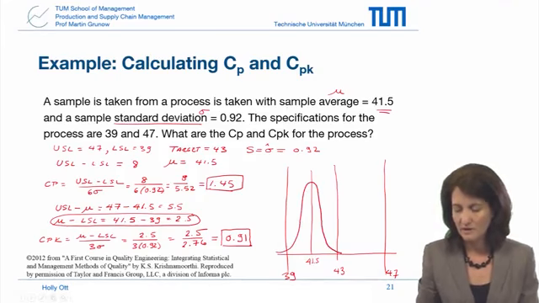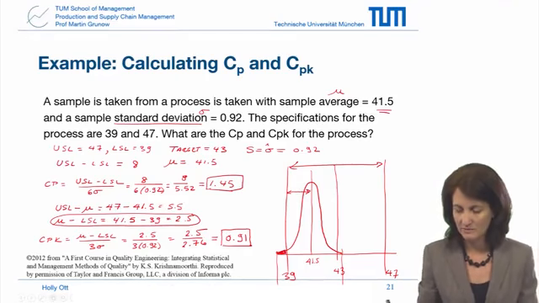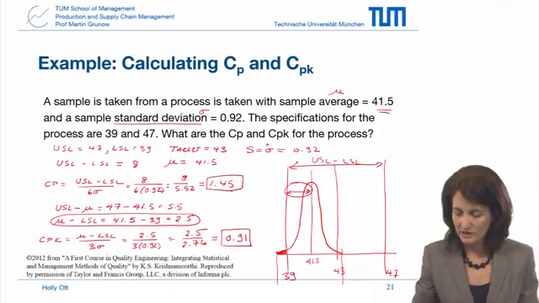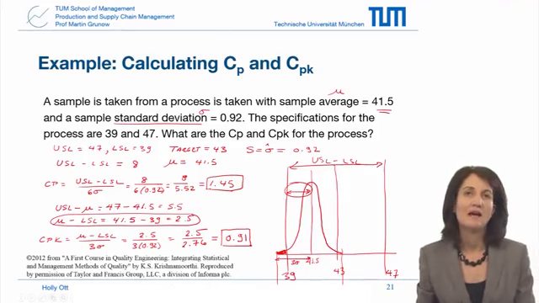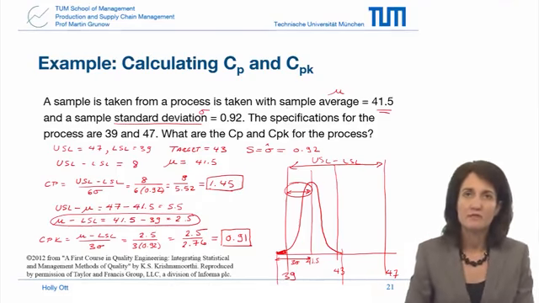Even though our overall 6 sigma is smaller than the upper spec limit minus the lower spec limit, because of the off-centering, we have a critical value here of mu minus LSL, sorry, which is smaller than 3 sigma, which is half of our variability. So this example shows you how these two parameters can be used together.